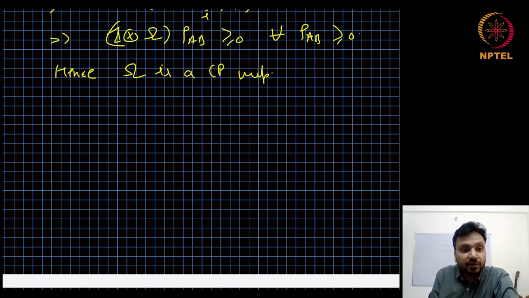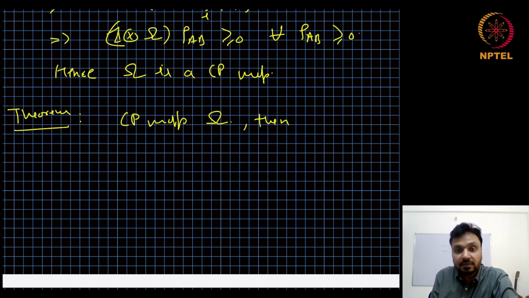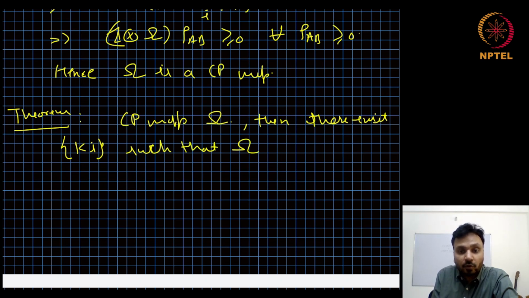Now the second theorem: if we have a CP map omega, then there exists a set of operators K_i such that omega of rho can be written as sum over i of K_i rho K_i dagger.